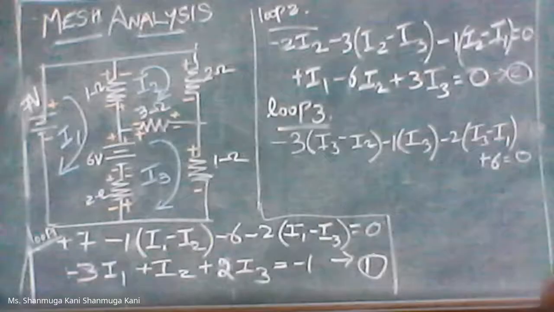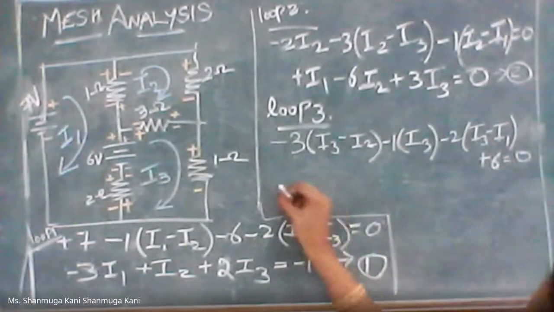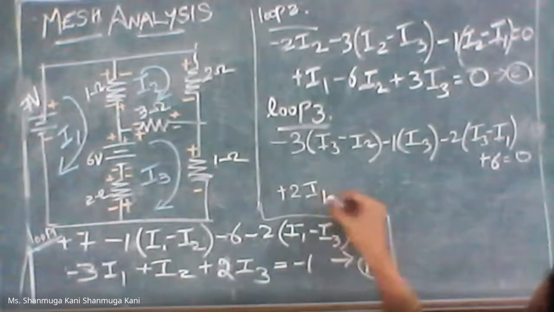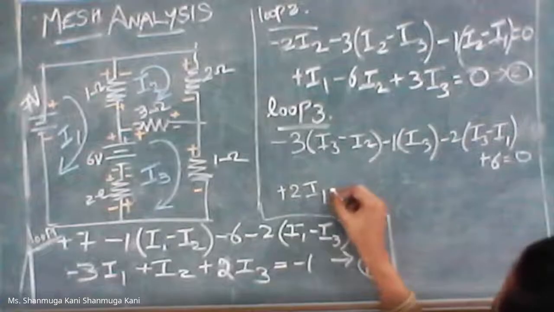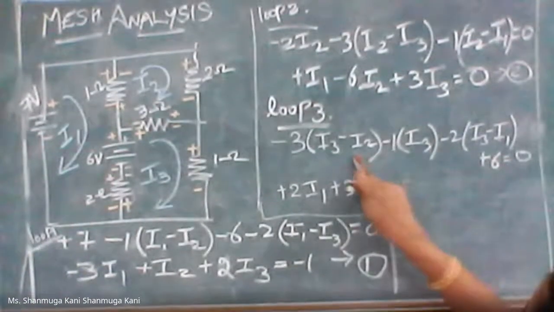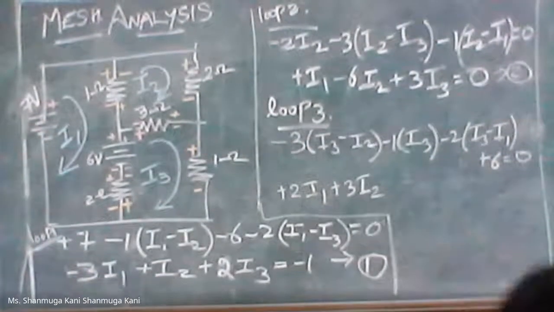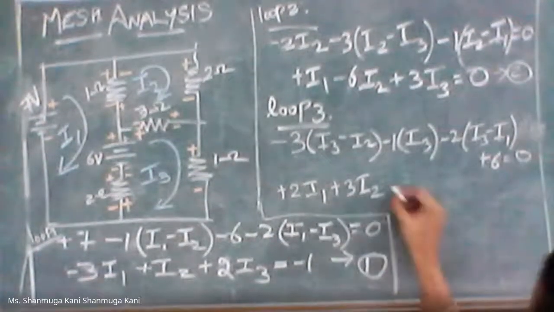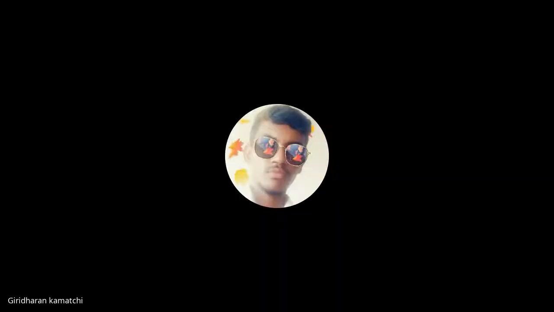Okay, so now reduce our equation. I1 is minus minus plus 2I1, then I2 minus of minus plus 3I2, then I3 minus 3 minus 1 minus 2 minus 6 I3 equal to, when you take the 6 that side, it is minus.